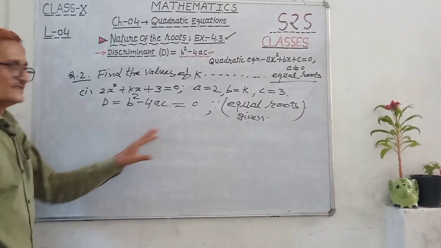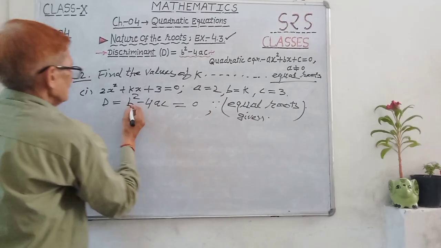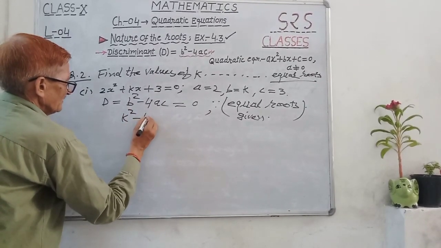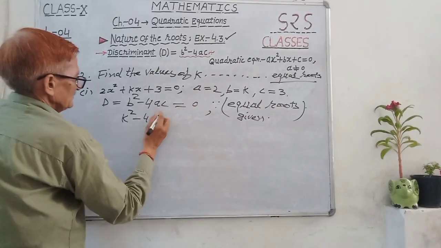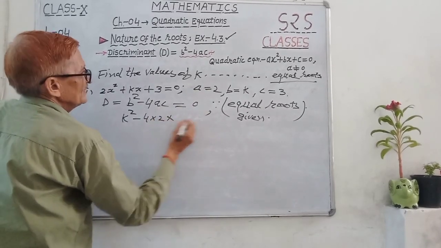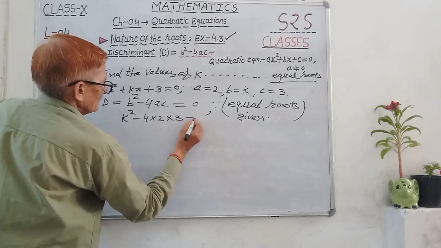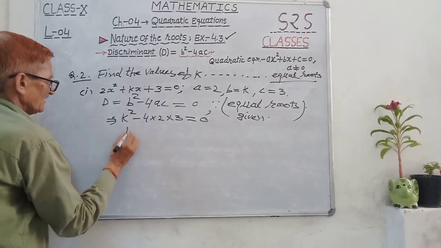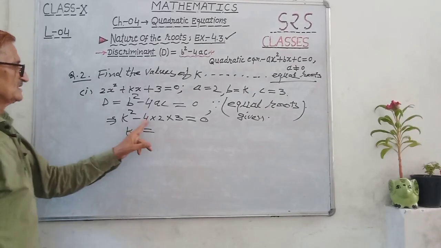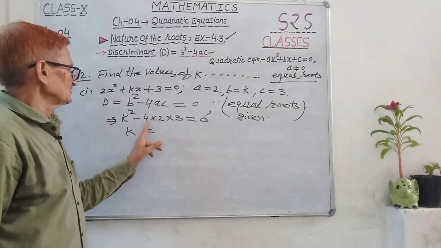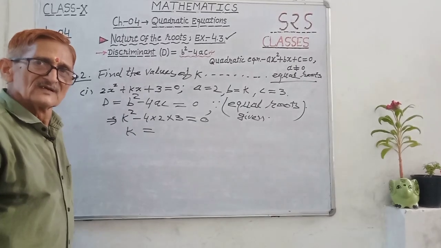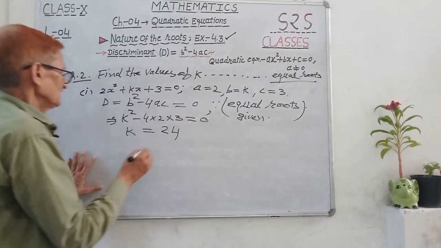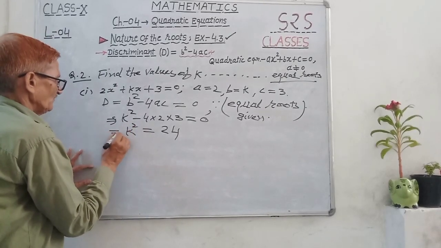Then put the b value k, so k square minus 4 into a, which is 2, into c, which is 3, equal to 0. Then simplify: k square minus 24 equals 0, so k square is equal to 24.